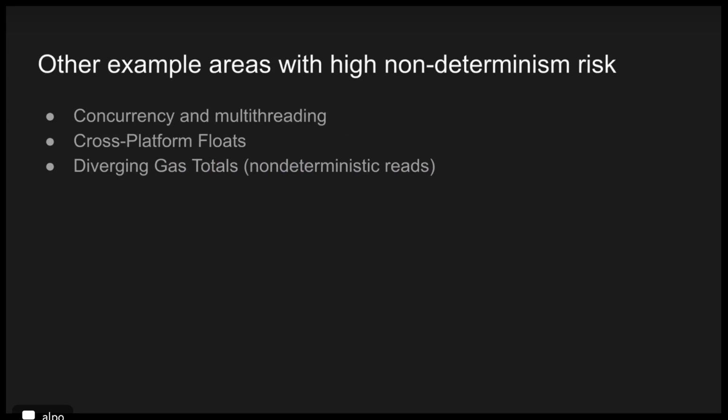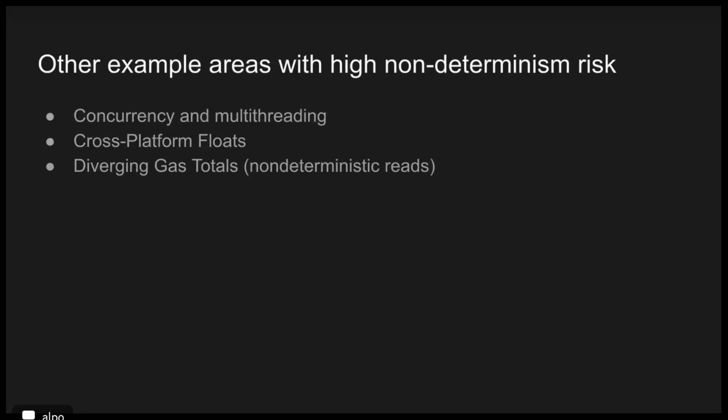There are many other examples of non-determinism. I guess I dropped a few more here. Concurrency and multi-threading is actually fine in some cases. You just have to be very careful about the result being deterministic. And then cross-platform floats. This is actually a pretty big rabbit hole. The other big one, I think, is that you have to be careful about gas totals.